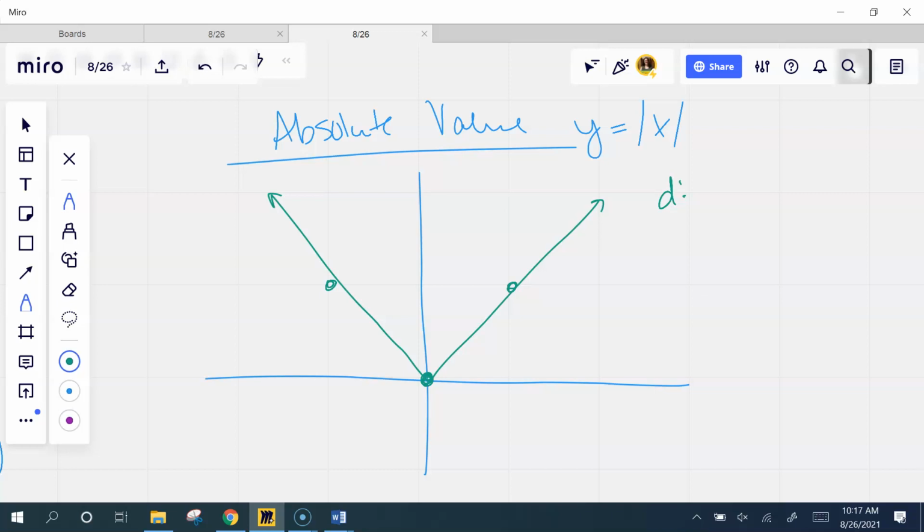Yes. How about domain? Are y'all okay with that? The range. Okay. Is it continuous? Yes, it is continuous. Extrema.